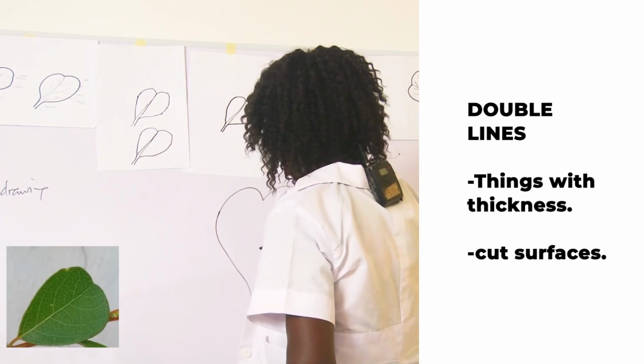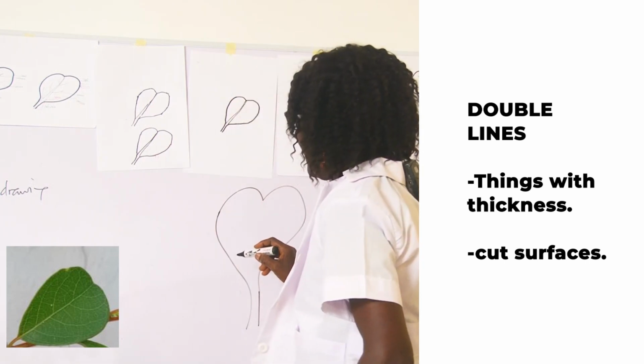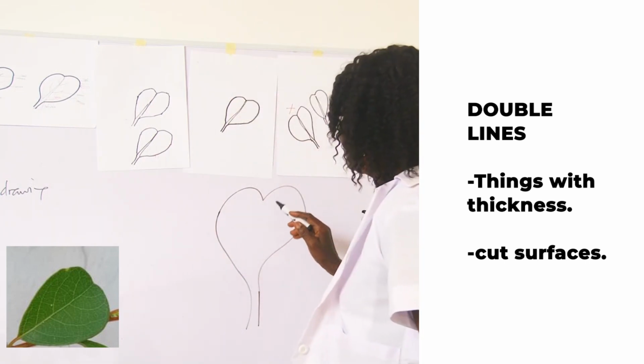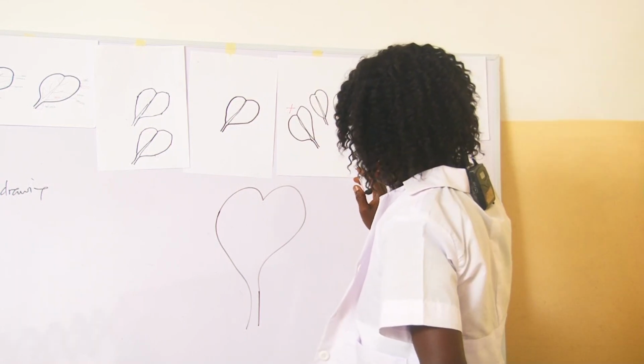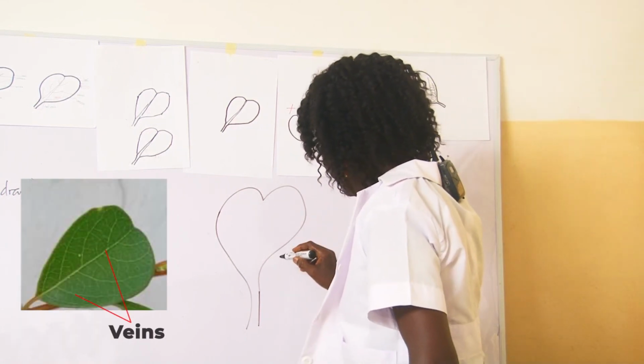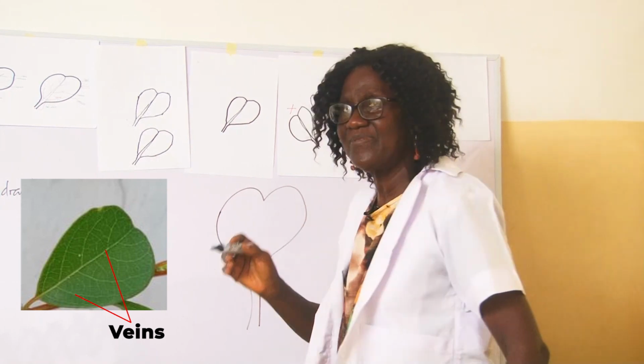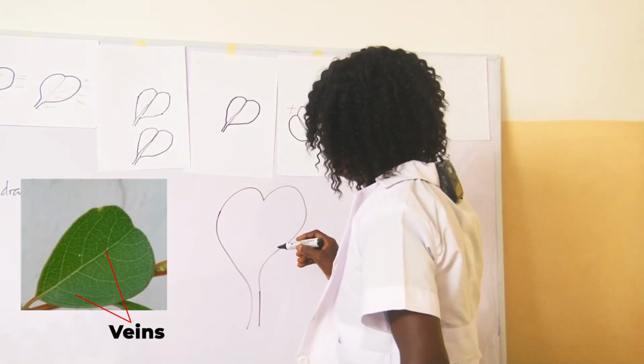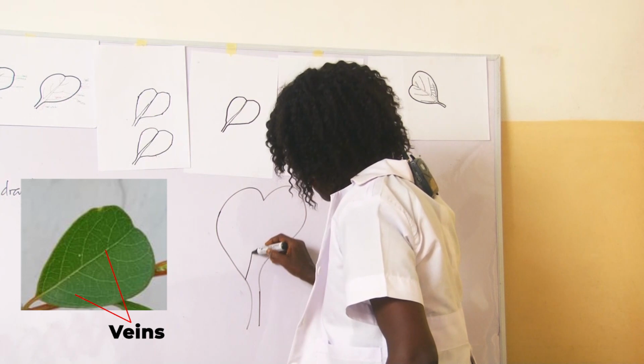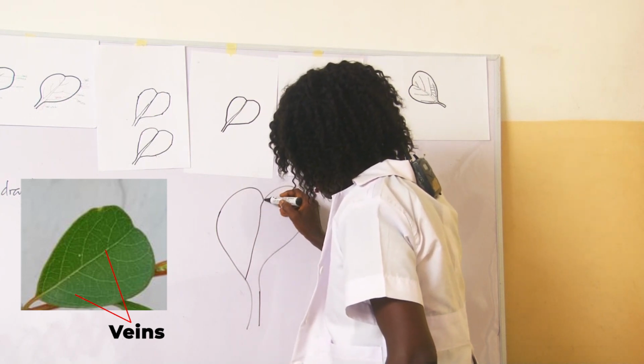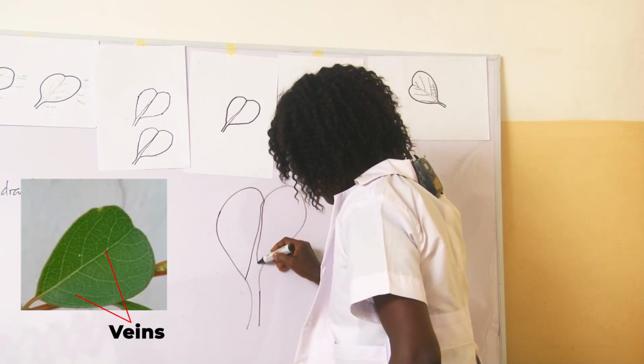This leaf has veins. Look at the leaf again in the picture. It has veins, and the veins have thickness even though they are tiny. So everything that has thickness is represented with double lines in biology.